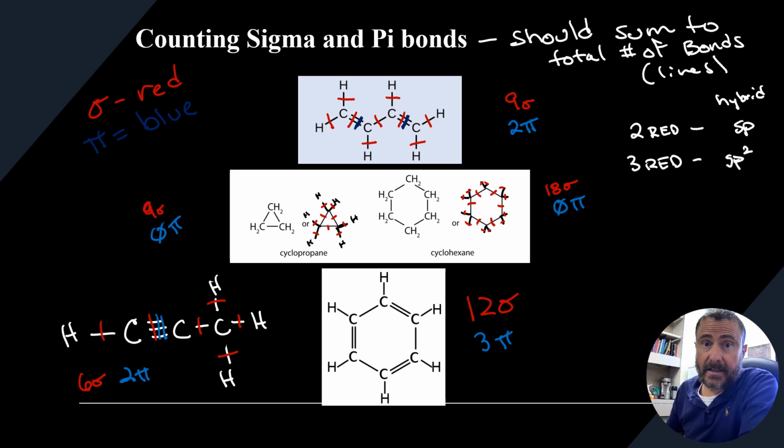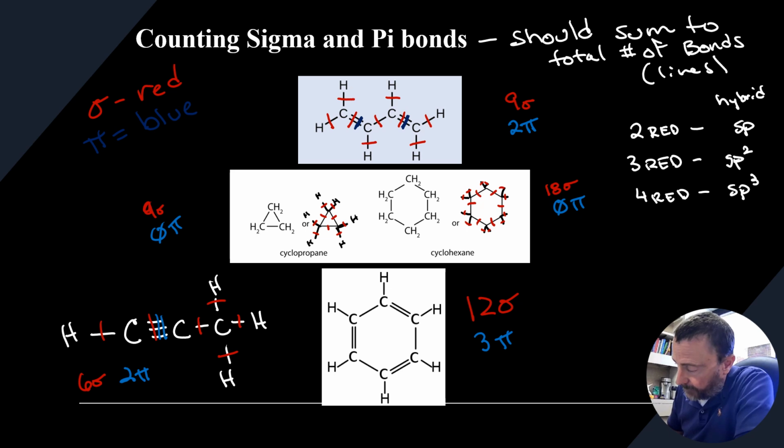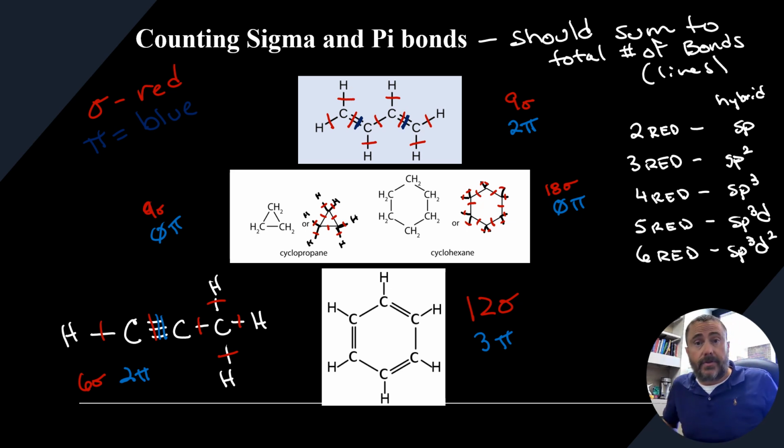This goes back to the previous chapter of doing Lewis dot structures. 4 regions, it's sp3. 5 regions of electron density, sp3d. And 6 regions of electron density, sp3d2. So that just adds one new thing that we can talk about. Once you've drawn something, can you give me the electron geometry? Can you give me the shape? And now, can you tell me what the hybridization is of that?